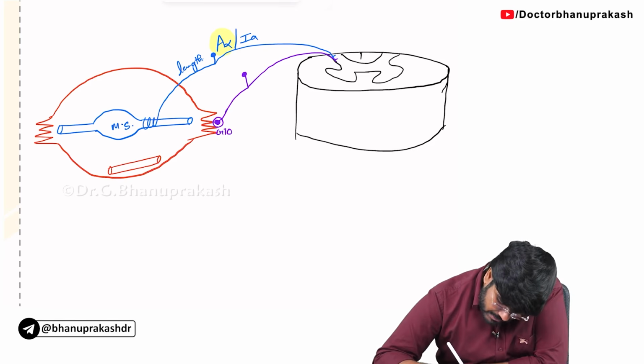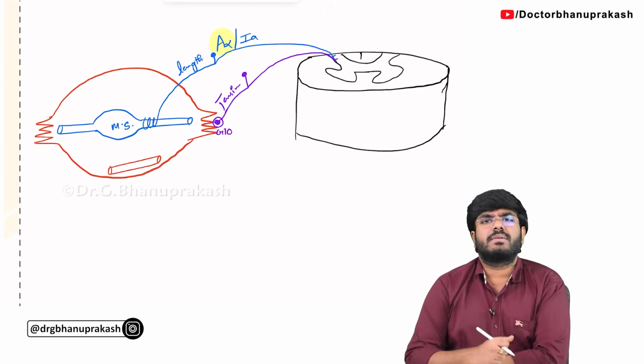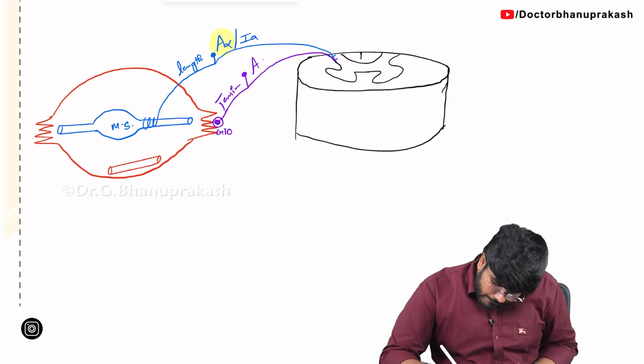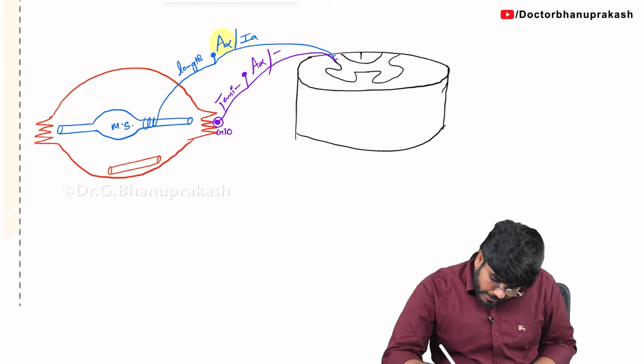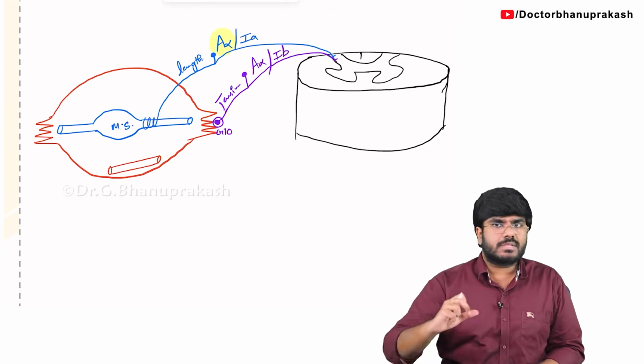Which type of information? It is taking the information about the tension on the tendons, whether it is more tension pull or less tension pull. This is also A alpha according to the Erlanger-Gasser classification, but according to the numerical classification system, it is 1B. So these are the sensory inputs.